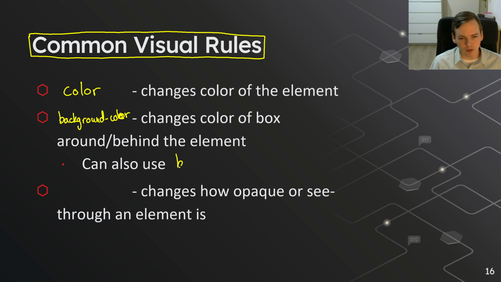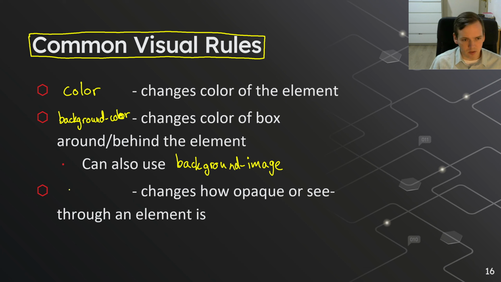You can also use background-image if you like. And that will change the same thing that would be the background that would be a solid color. You can put an image instead by loading a URL or referencing a specific image.